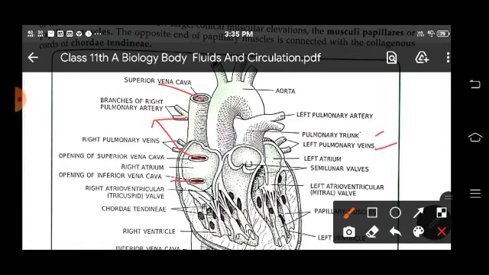Then here is the right atrioventricular valve or the tricuspid valve. Now these are hanging with the help of chordae tendineae. Now the left auricle, and these are the semilunar valves. Now the left atrioventricular valve or the mitral valve, then the left ventricle, right ventricle, and here is the inferior vena cava.